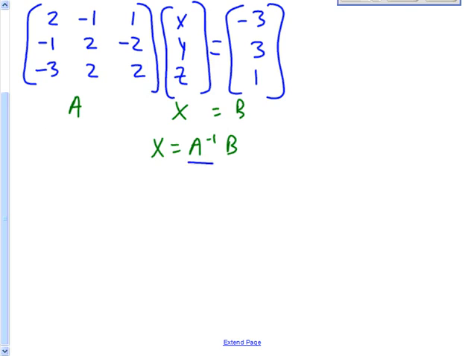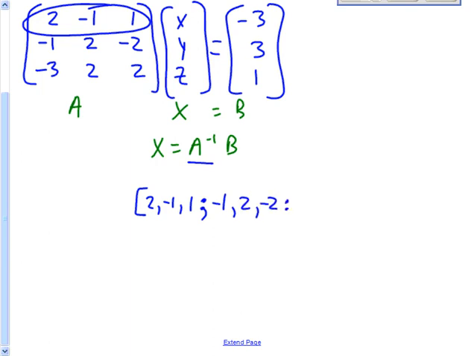This is how we're going to set it up on that TI-89: we just type in A inverse. You go bracket, and then each row: 2, 1, 1. I separate it with a semicolon. Now I'm going to the next row: -1, 2, -2, and another semicolon denoting I'm going to the next row: -3, 2, 2. That's my A, but I need its inverse, so I go caret -1.